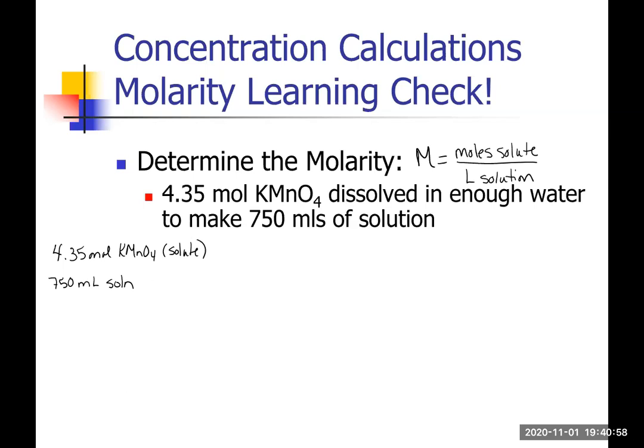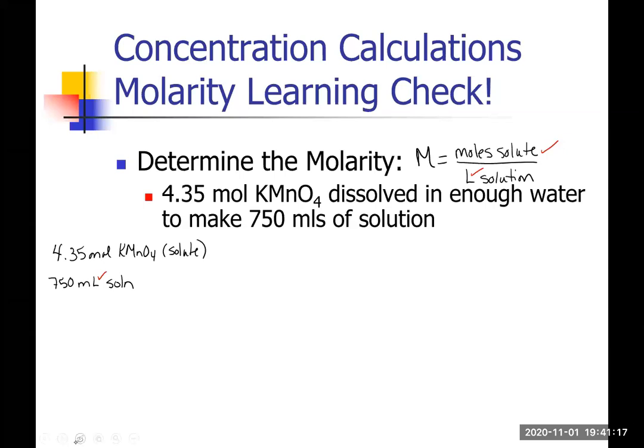Okay, now we're going to analyze our units. That's our next step. And so we have moles of solute. That's fine because that's what we need for molarity. But we have mils of solution, and we need liters of solution.